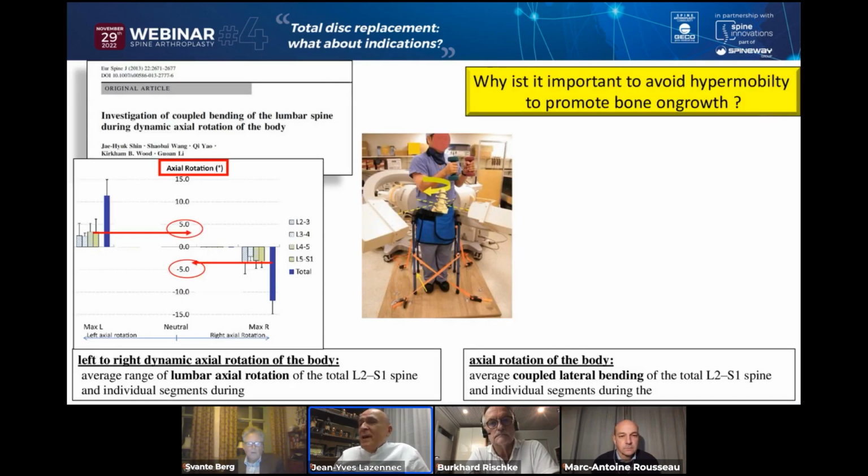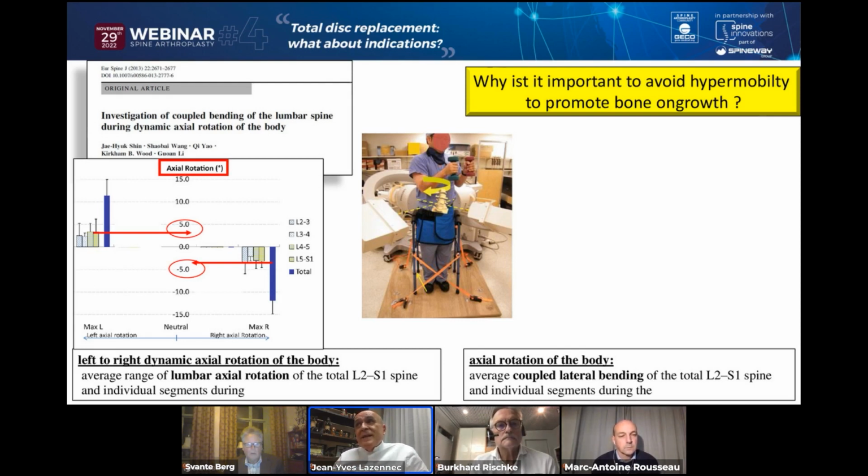So what are the limitations for mobility? This paper is very interesting because it shows you when you do axial rotation and lateral bending, what are the critical levels. On the left, this paper shows that when you do maximum axial rotation, you may have at L5S1 and L4L5 more or less 4 to 5 degrees rotation in a normal spine.